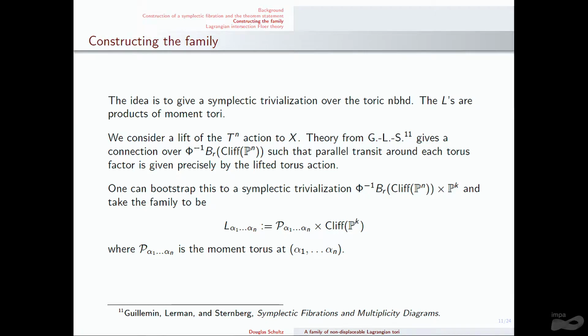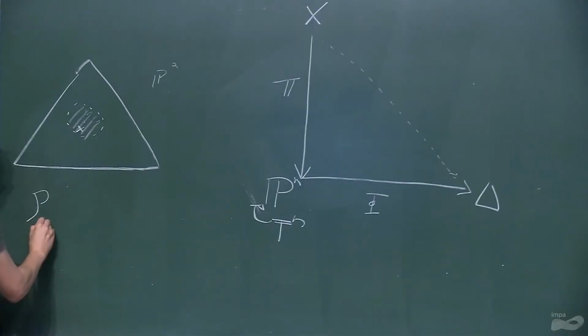And then the family is just going to be the product of something moment here. So this is P alpha 1, alpha 2, and these are the moment map coordinates.